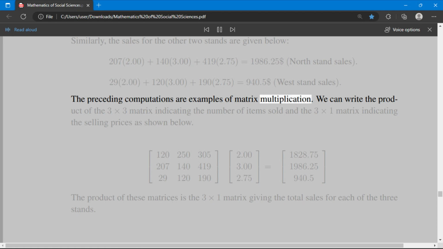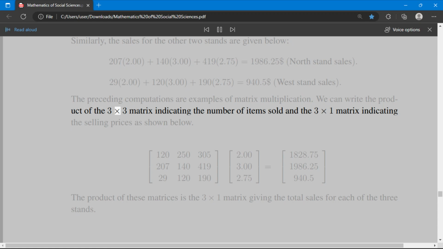The preceding computations are examples of matrix multiplication.